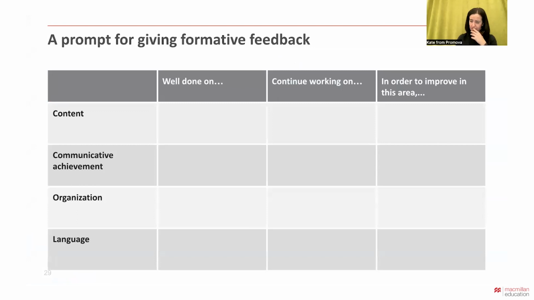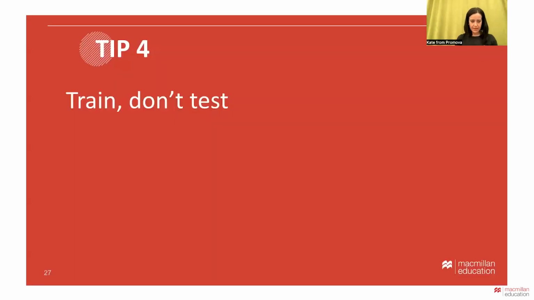If we give our students a writing prompt, and if we simply tell them to do something without showing them an example and without showing them how to do that, there has been very little teaching. And essentially what happens is we are testing what the students can already do.